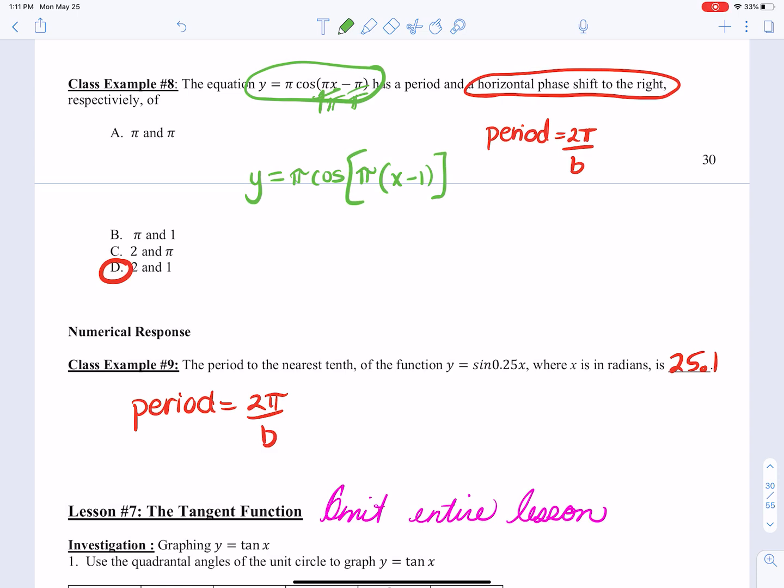So I need to find the period first. Period is 2 pi over b, and my b value in this case is pi. So my period is 2. Oops, I already had the answer circled. And it has a horizontal phase shift to the right. We know it went 1 unit to the right. So that's why my answer is D.